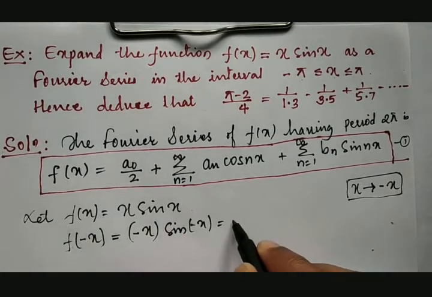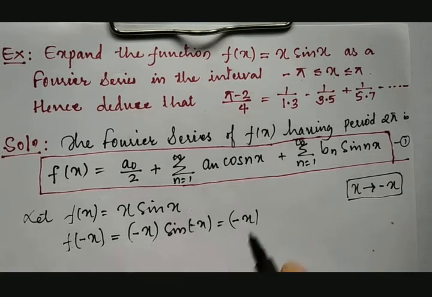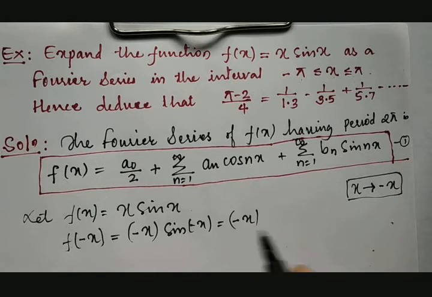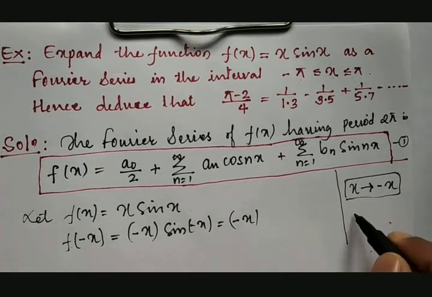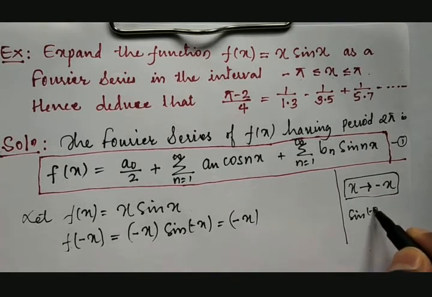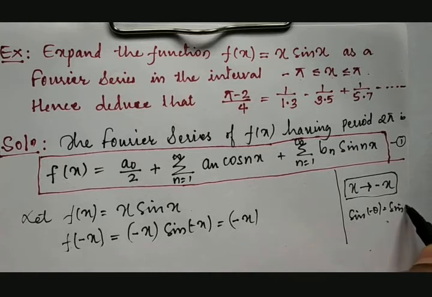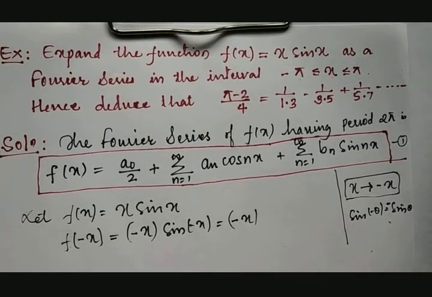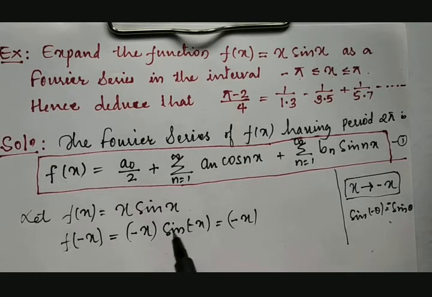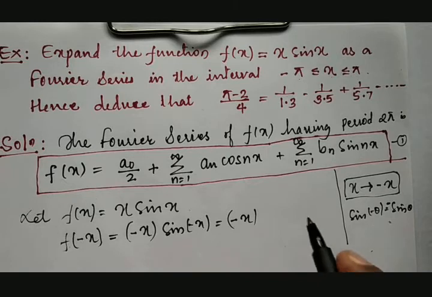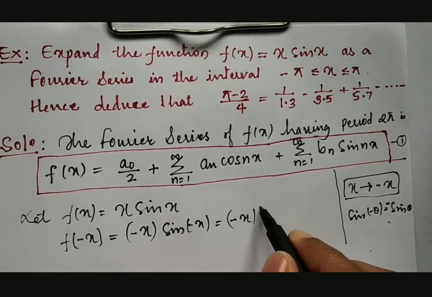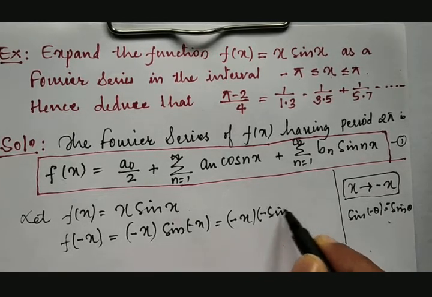We know that sine of minus theta is equal to minus sine theta. Therefore, we get one more minus from here: sine of minus x becomes minus sine x.